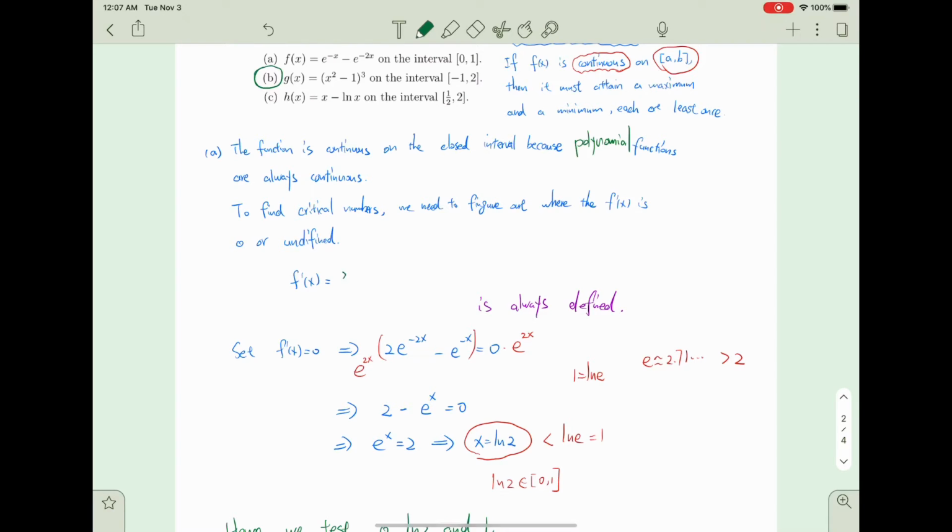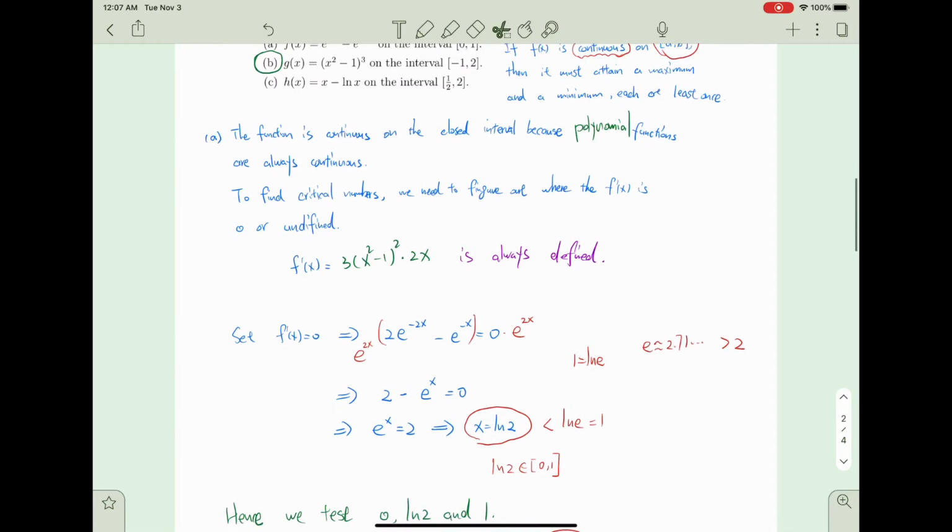So that is 3 times (x squared minus 1) to the 2 times the derivative of the second layer, which is 2x, right? And we know that this is still a polynomial, so it's always defined, right? So nothing to change, just change this small thing.